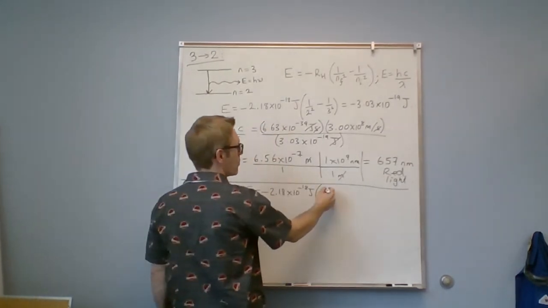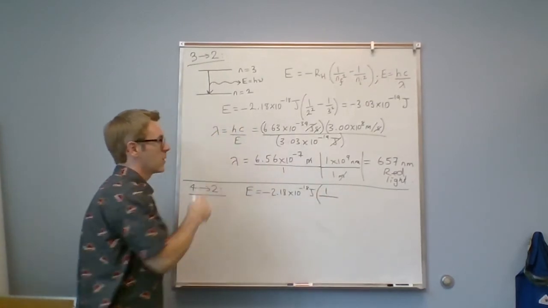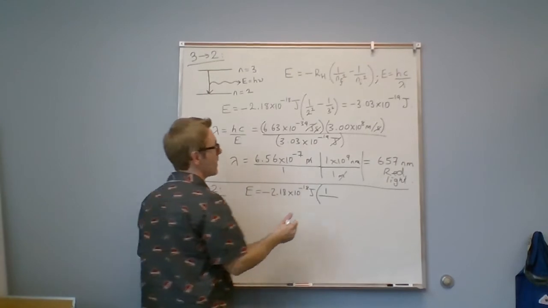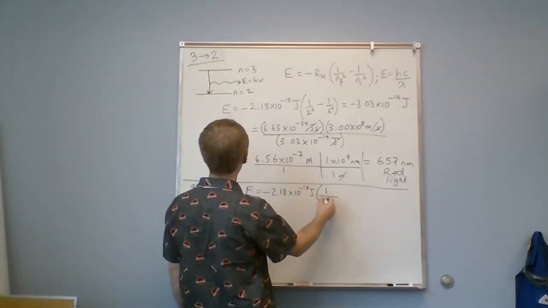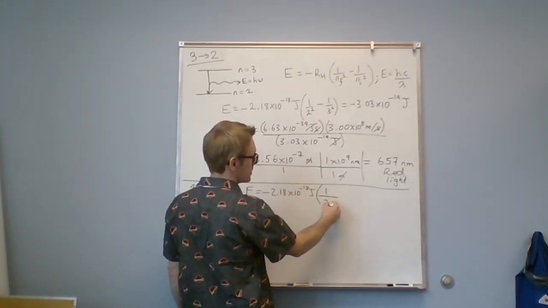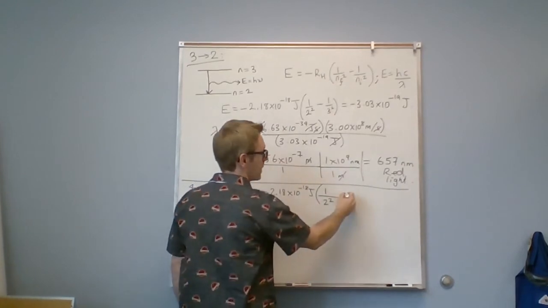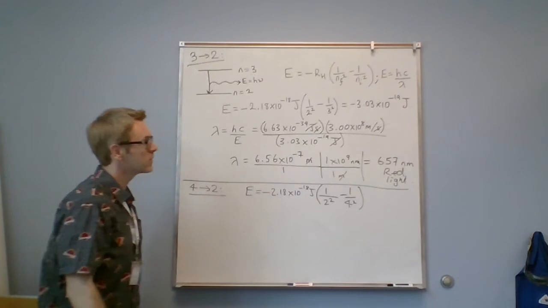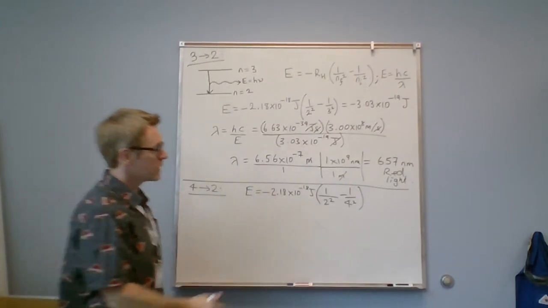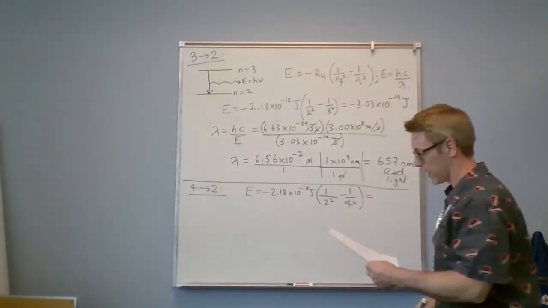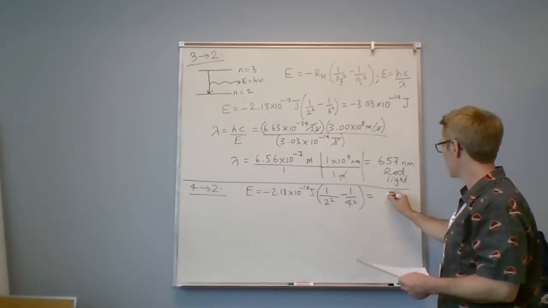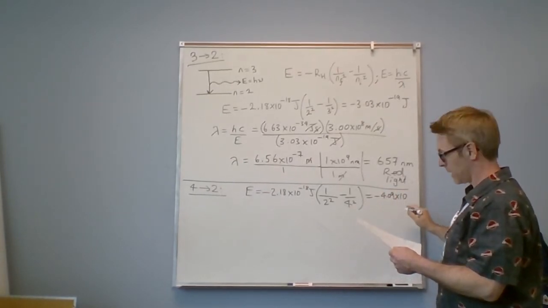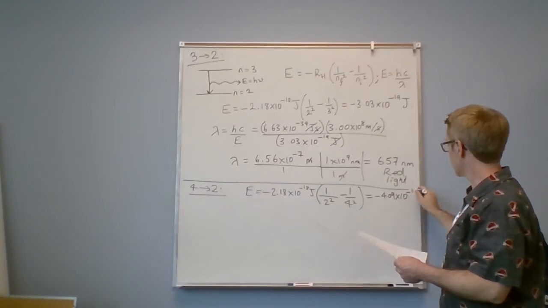We've got 1 over the final value, which is 2, so 2 squared, minus 1 over 4 squared. If we compute this, we get a value of negative 4.09 by 10 to the negative 19 joules.